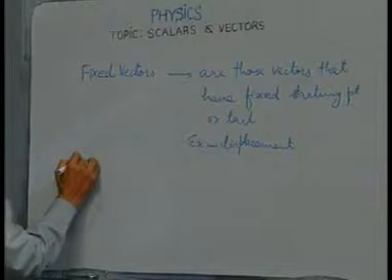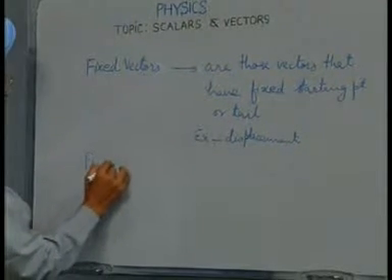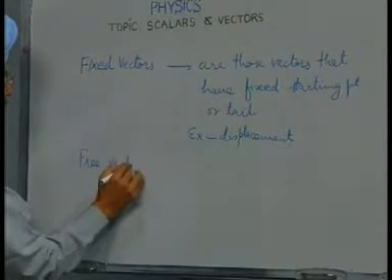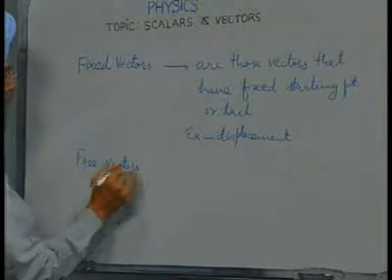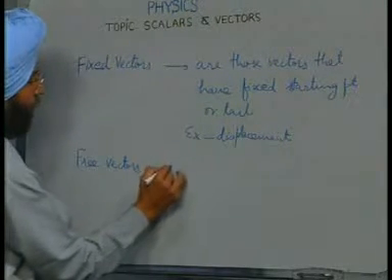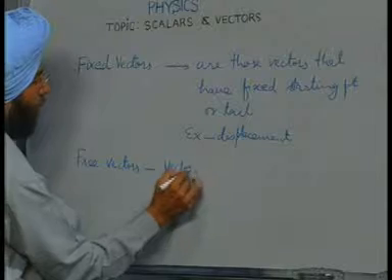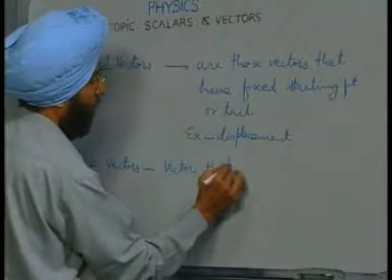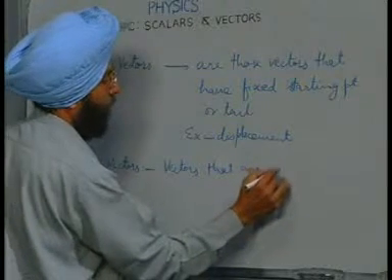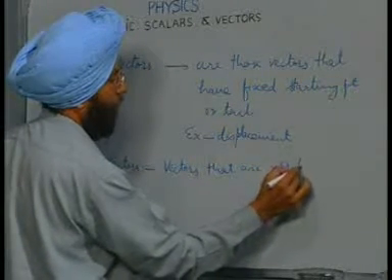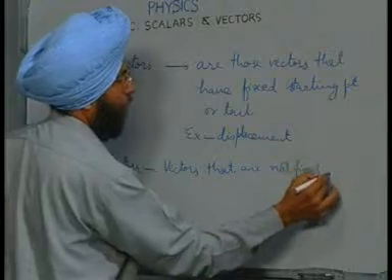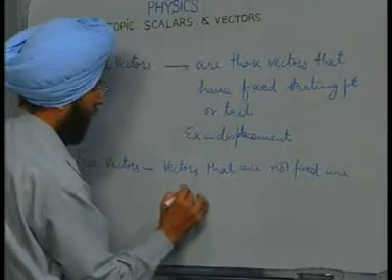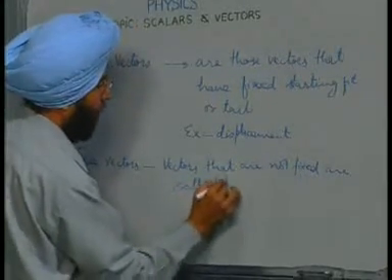Other kind of vectors is free vectors. Vectors that are not fixed are called free vectors.